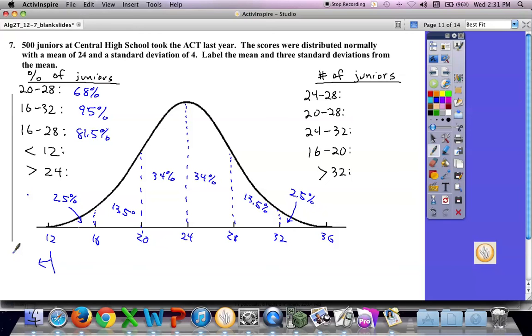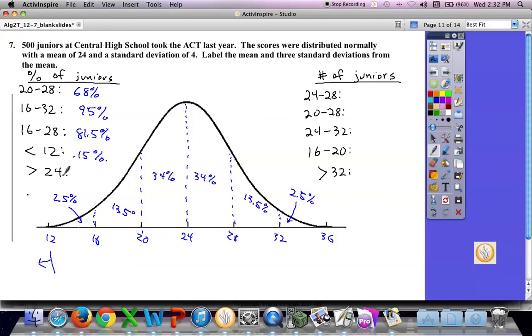So how could there be anything to the left of that? But there is. We know that it's 99.7 between -3 and +3, which means there's 0.3 not in there. How much of that is to the right and how much is to the left? Half, right? So this is going to be 0.15%.